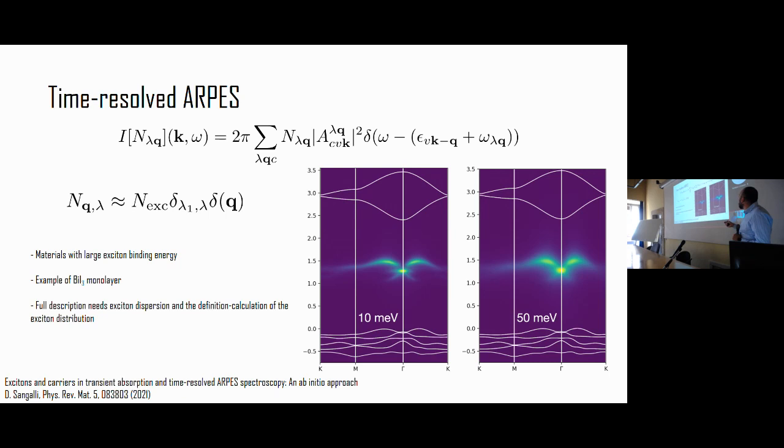Basically, you will get a copy of the valence band structure with the excitonic intensities. In this case I just used a simplified approximation: I get one exciton, the first exciton of bismuth iodine 3, and then I calculate what will be the intensity of the ARPES signal for one exciton.